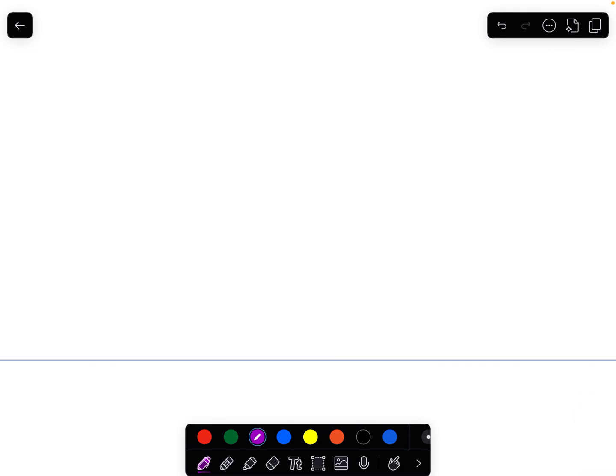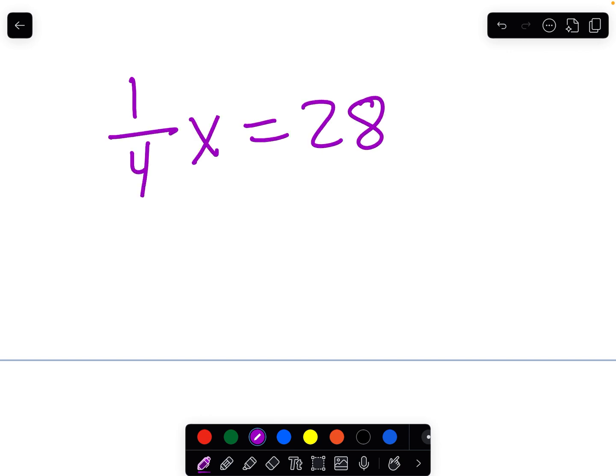Let's do another one. What if I have a problem that looks like this. 1/4 x equals 28. All right. Well, what we're going to do is here we need to get rid of the 1/4. One way, and I haven't really explained this, but I'll try to now. To get rid of it, we can multiply by 4.